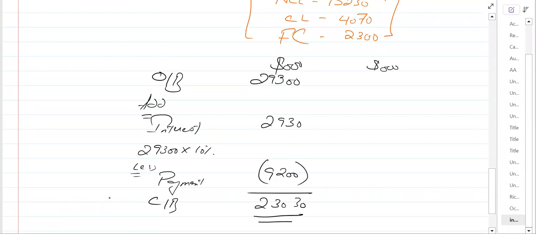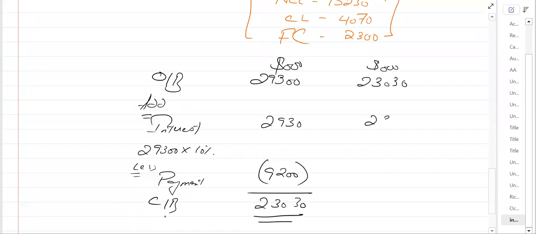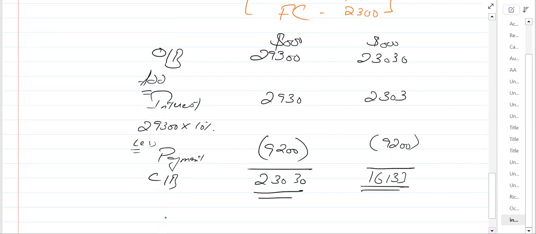And this becomes the opening balance of next year. Again, we take the 10% of it, so 0.1, so it's 2,303. And then deducting the same 9,200, which is the fixed lease payment. So 23,030 plus 2,303 minus 9,200 gives 16,133.